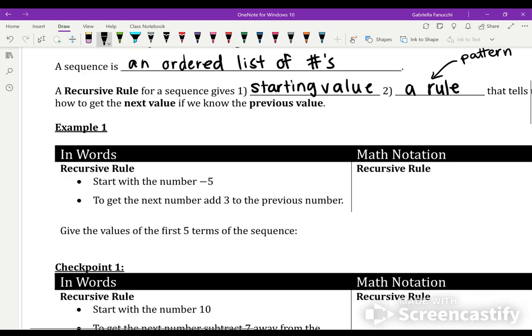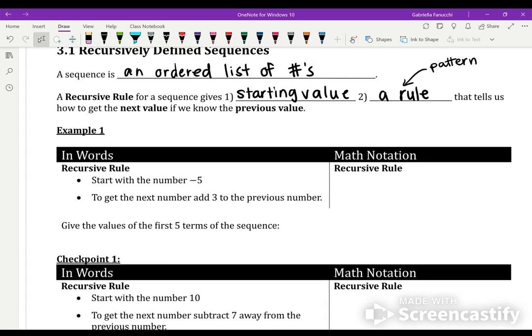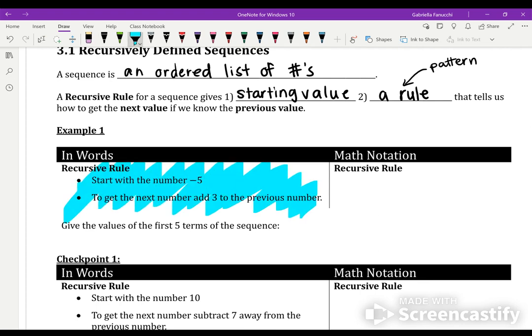So, a better way that I can explain this: why are we doing it in words and why are we doing it with math? A lot of us are lazy, right? I will even admit that I am lazy. So instead of having to rewrite the in-words portion every single time, we're going to use our math notation.